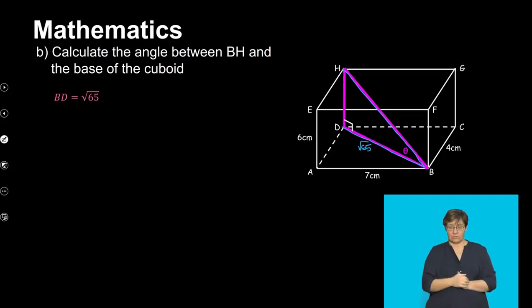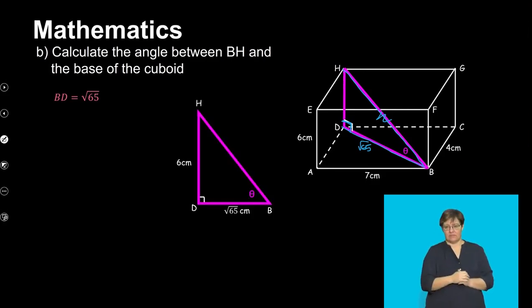Because this is a vertical plane, it's perpendicular to the horizontal plane, or the floor of the cuboid. So basically now we have a new right angle triangle, BDH, and we want to solve this, where BH is the hypotenuse. It does help to redraw the triangle separately with the information you want, just so you can make sure you understand where the right angle triangles are.